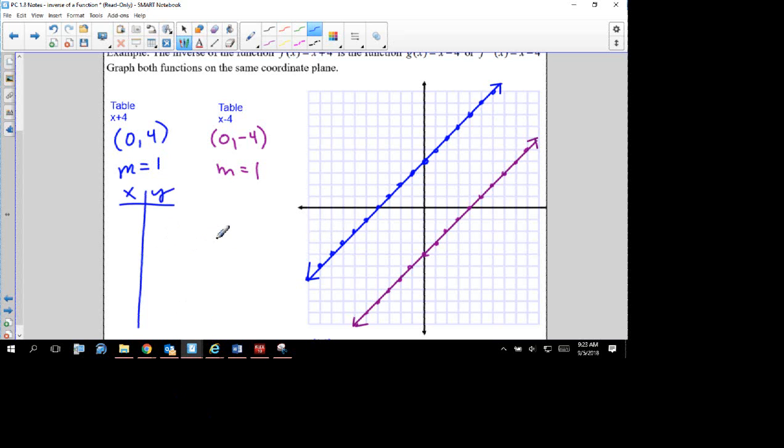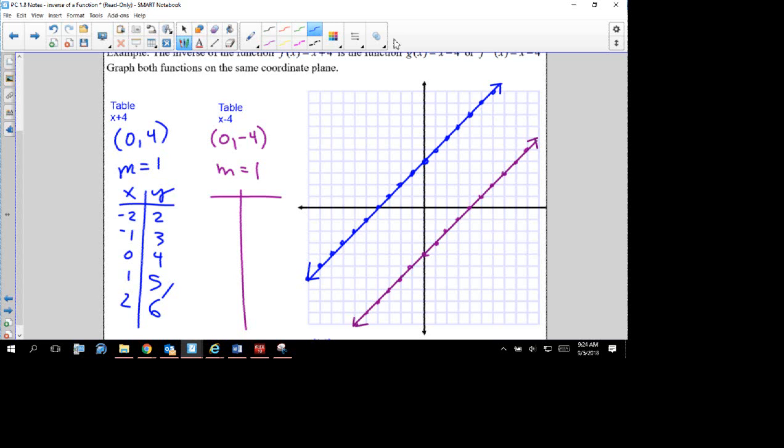If we look at a table of values, those are the ordered pairs.